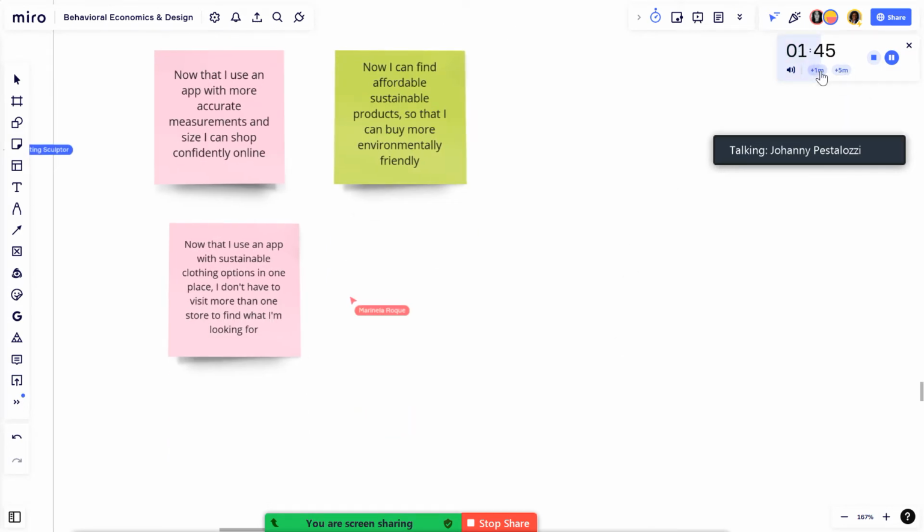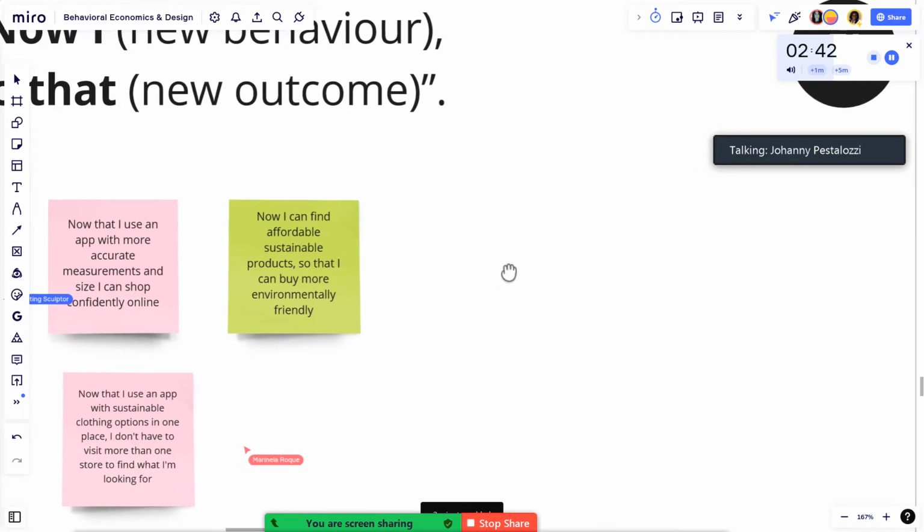I will add 2 more minutes to this because it's an essential one to help us in the ideation later.